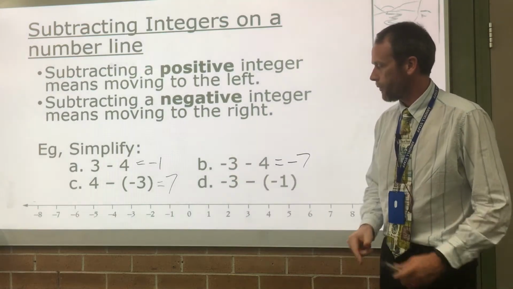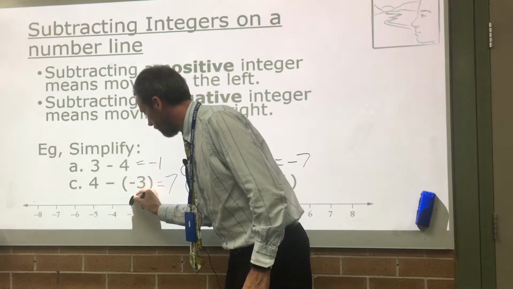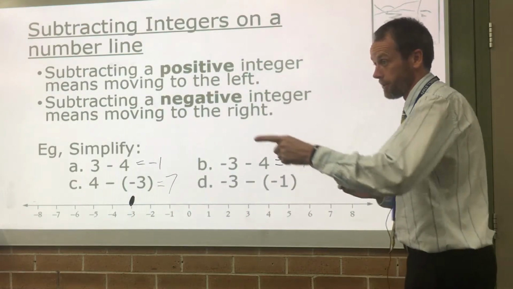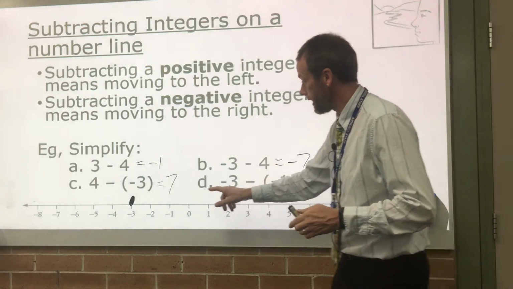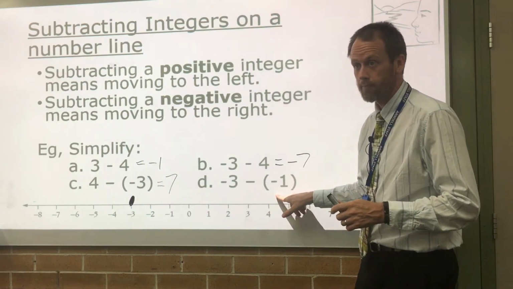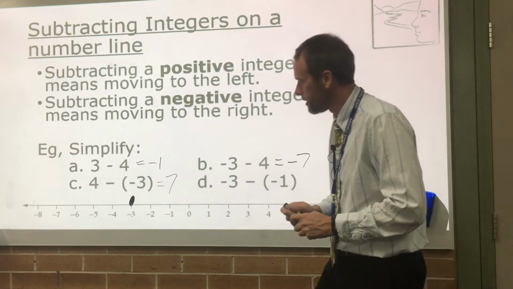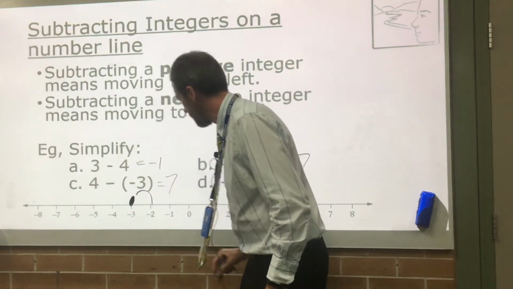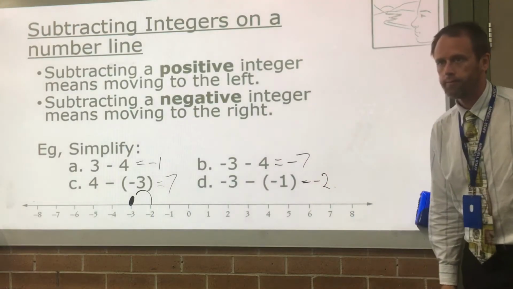Here we are, we're going to negative 3. Who thinks they know what the answer might be? Minus 2. Yeah, you're right, because it's minus negative 1. So it's taking away negative 1, which effectively means it's plus 1, and we end up at minus 2.